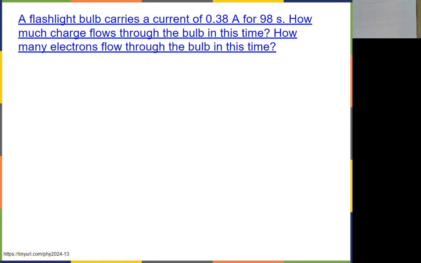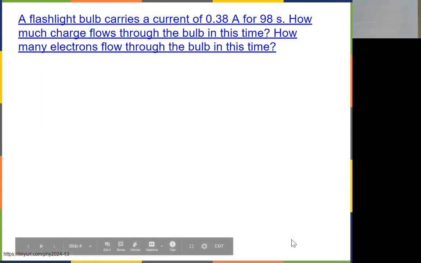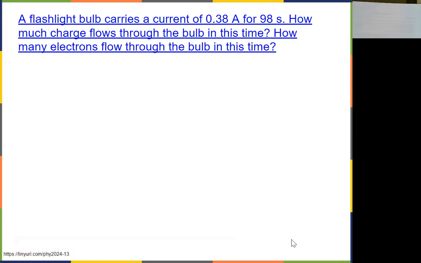This one says you have a flashlight bulb that carries a current of 0.38 amperes for 98 seconds. So T is 98 seconds.